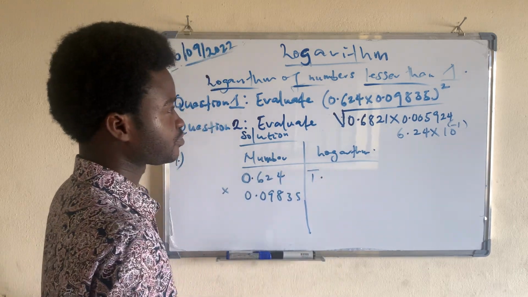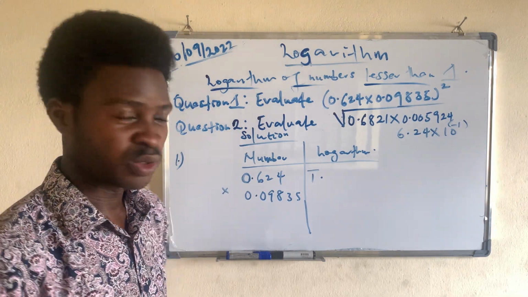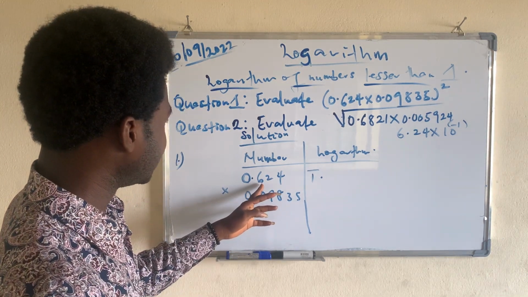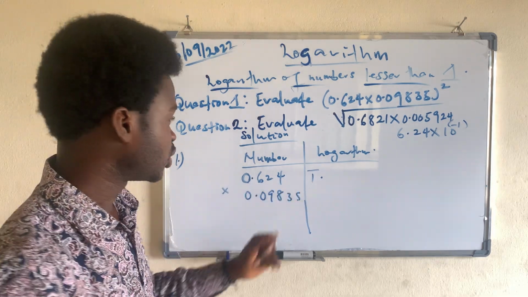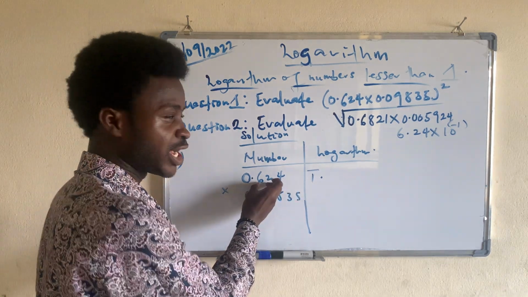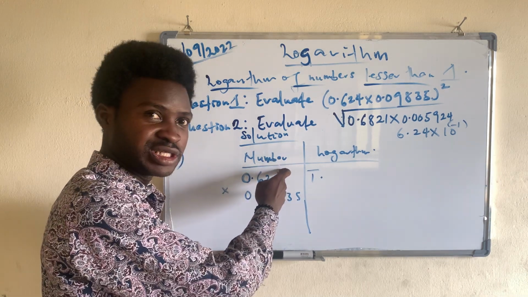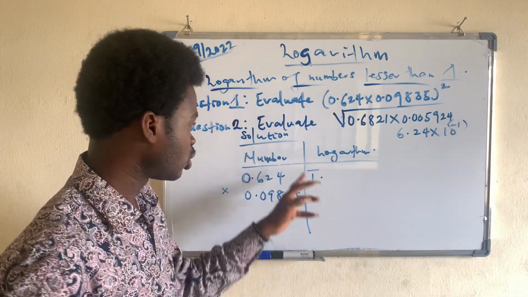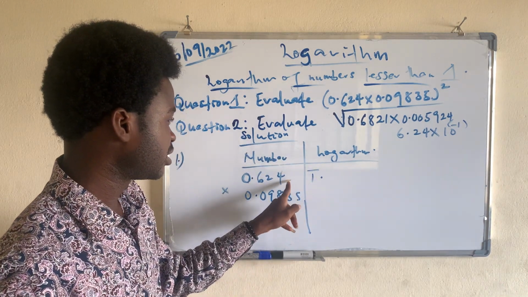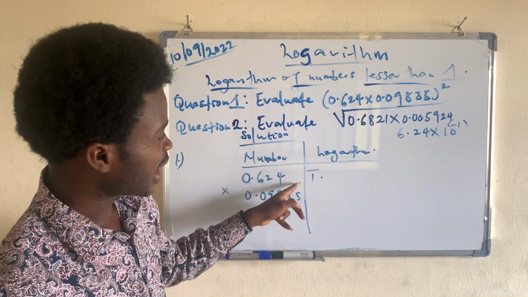Then the decimal points. Now I will check 62 under 4. We always go with the first two values, then the third and the fourth.